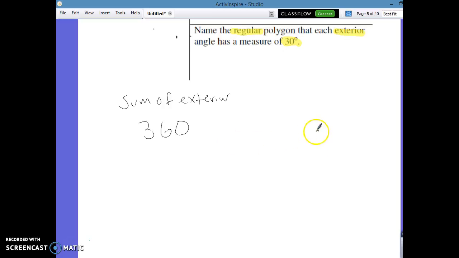And if we're trying to find the measure of one of them, we would divide that by n, which is the number of sides. If we divide this by the number of sides, we would get the measure of just one. That gives us each, which we know is 30. We're just using that other formula backwards.